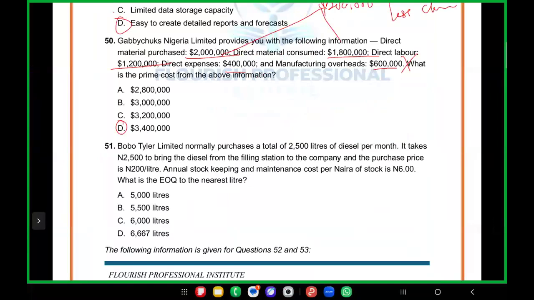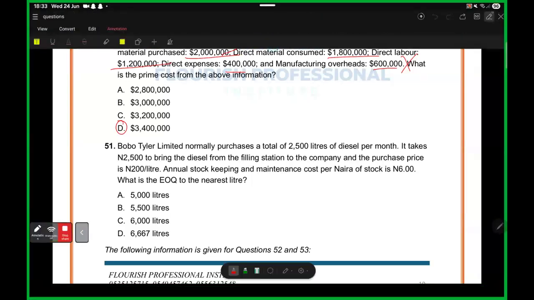Question number 51. We have Bobo Tyler. Can you hear me? Am I clear? Yes, please. Okay. Bobo Tyler Limited normally purchases a total of 2,500 liters of diesel per month.